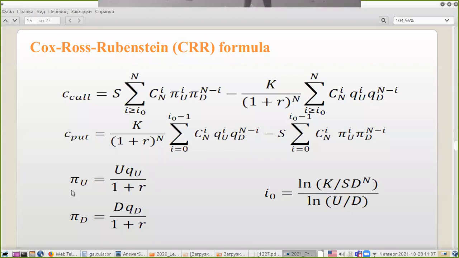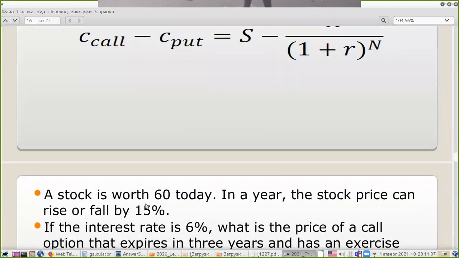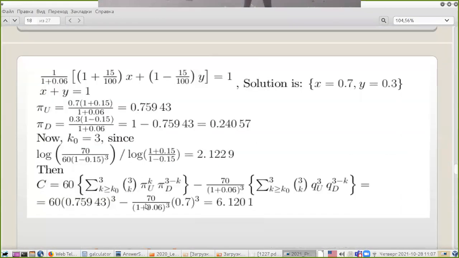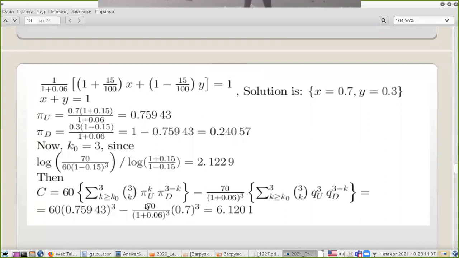We know U and D, and Q_U and Q_D we can compute. First Q_U and Q_D, and it will be these values.